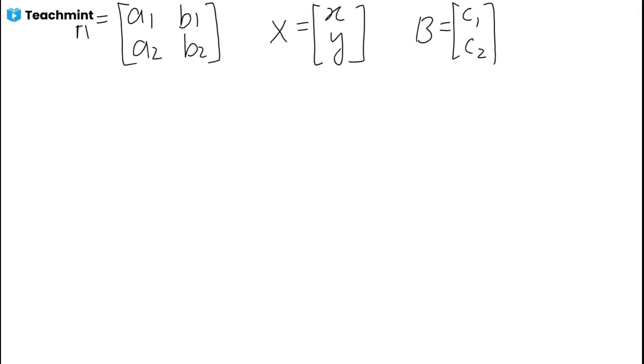Solution means we need to find the unknown variables. So we have the form AX is equal to B, then X is equal to A inverse into B. So to find the solution, we first find A inverse, then just multiply with B, and you will get the answer.